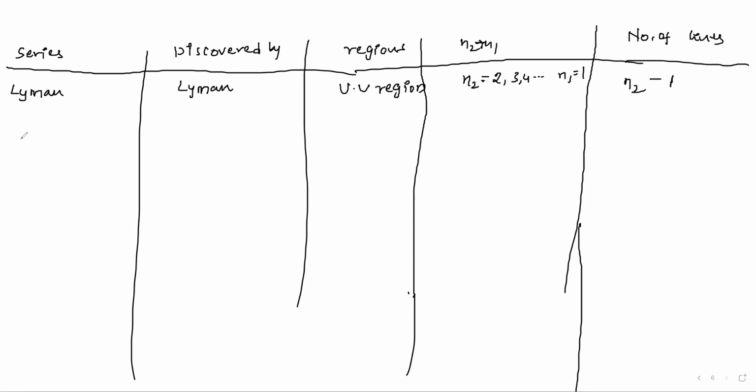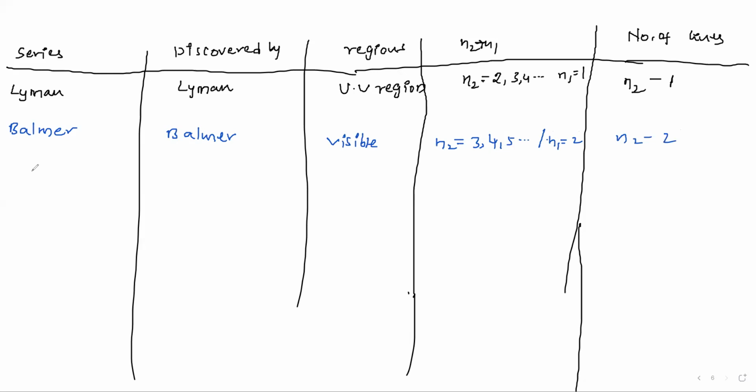Next is the Balmer series. The scientist name is Balmer, and this is the visible region. Here n2 is 3, 4, 5, etc., and n1 is 2, and the number of spectral lines is n2 minus 2.